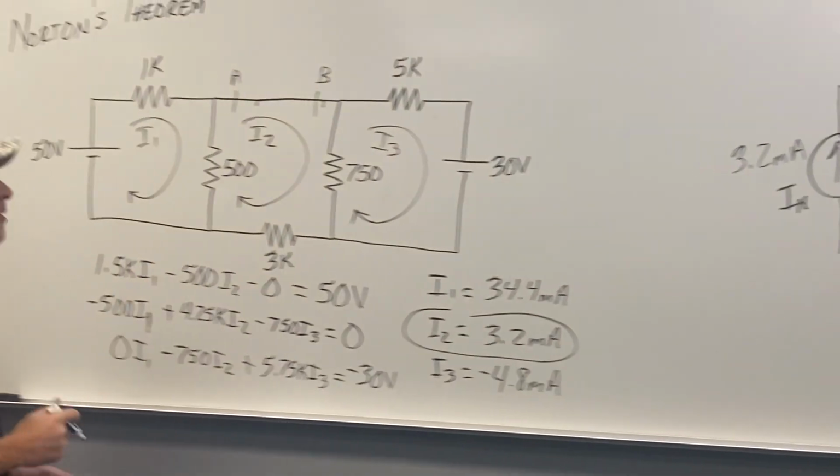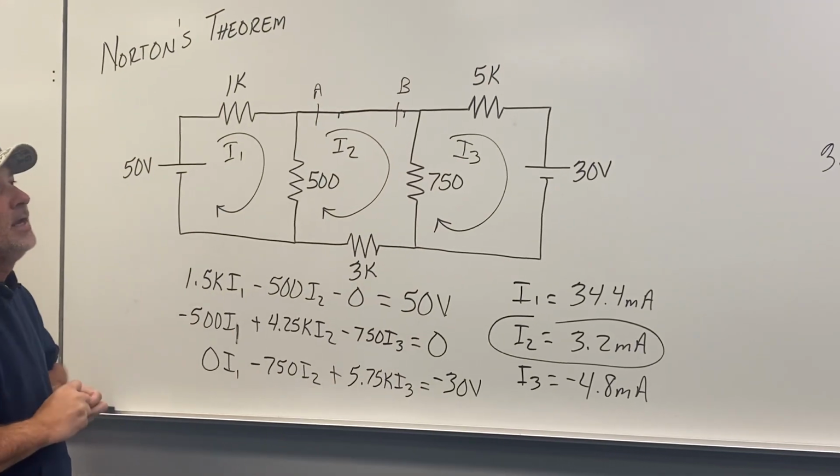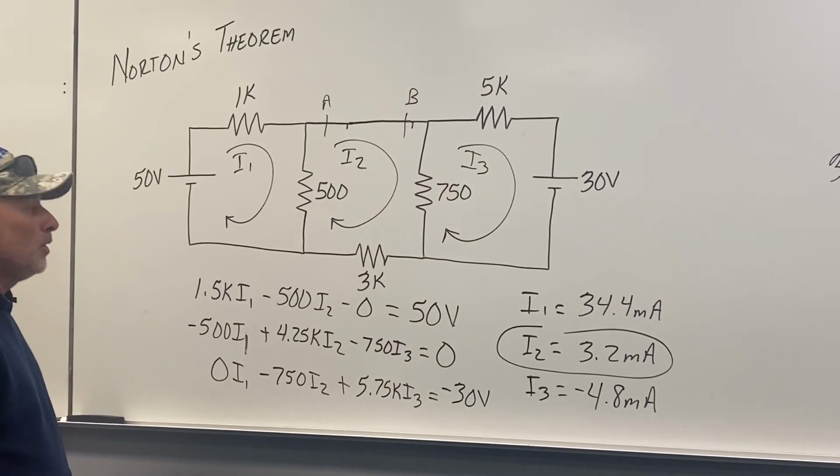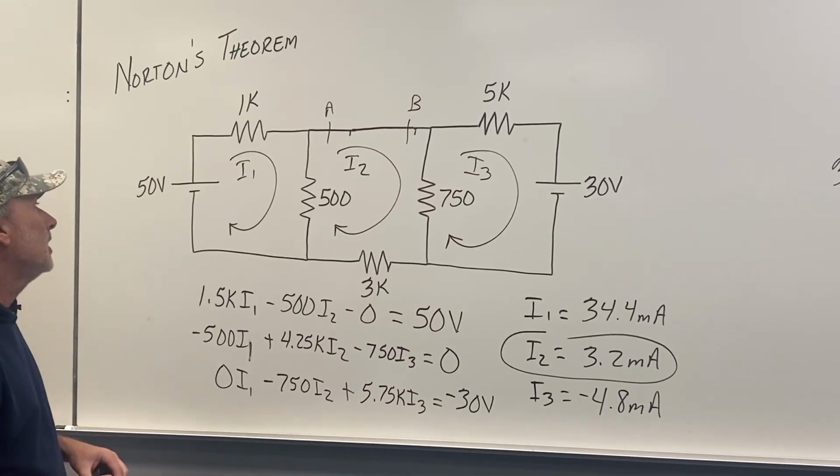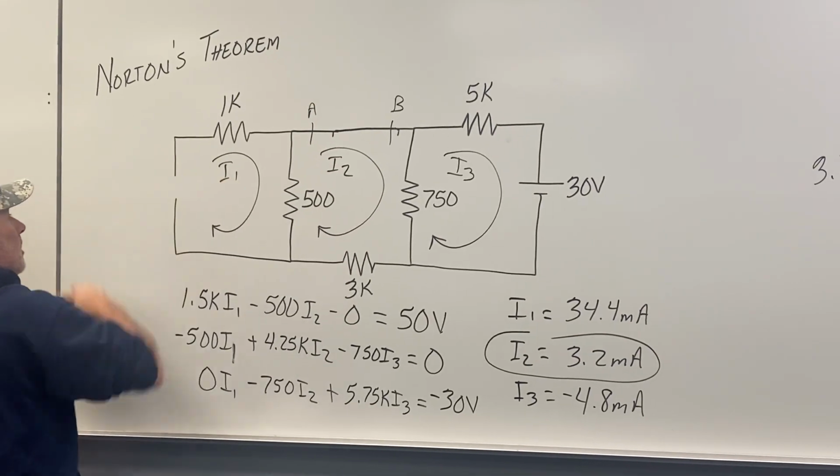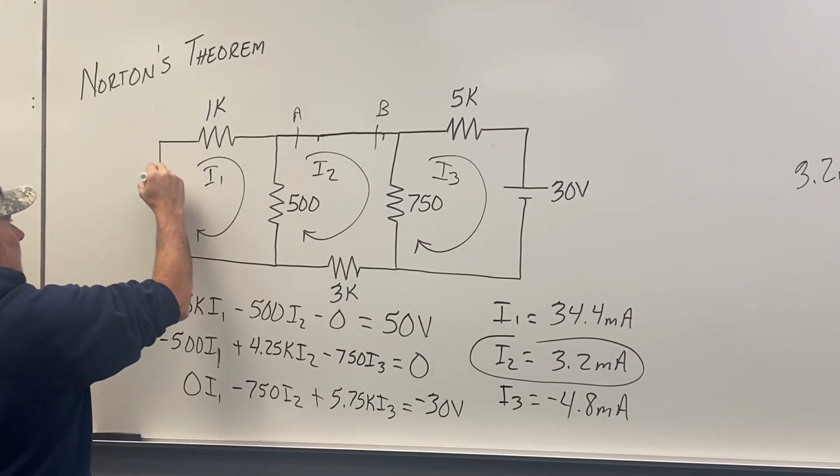Then we come back to our original circuit and get R Norton, or our total resistance in this circuit. So we take out our batteries and we short them.